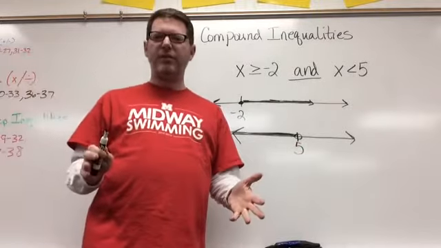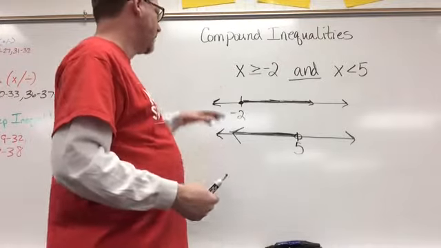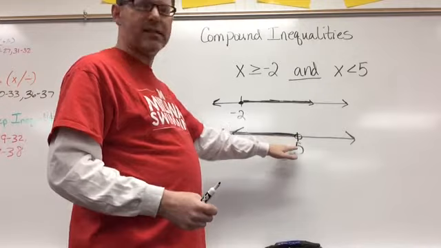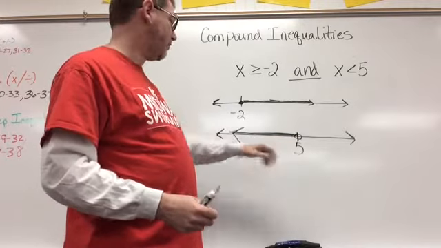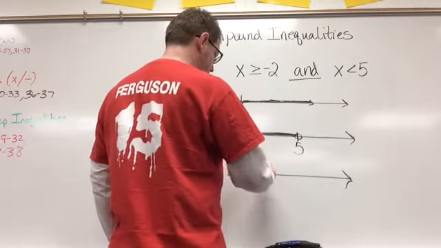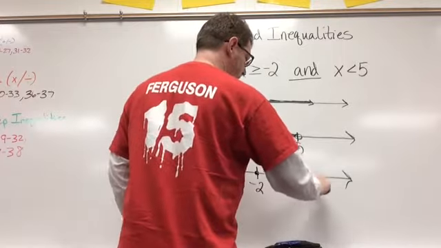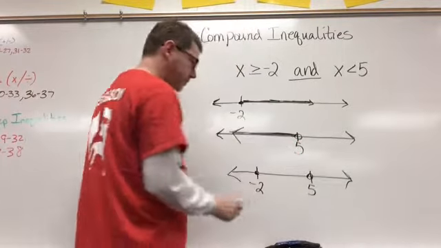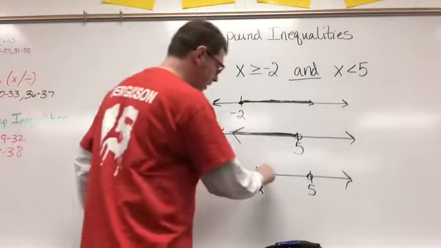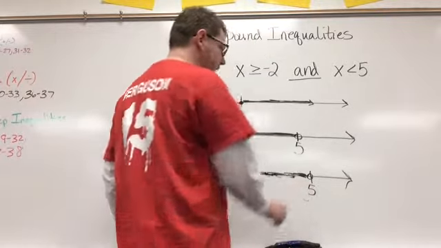Now how can we take both of those graphs and put them together? I'm going to have everything that is greater than or equal to -2 and less than 5. So the way I would do that on my graph is I would put -2, and I know it's going to have a closed dot, and I'm going to put 5, and it's going to be an open dot, and it's basically where they cross. So it's going to be everything between -2 and 5.